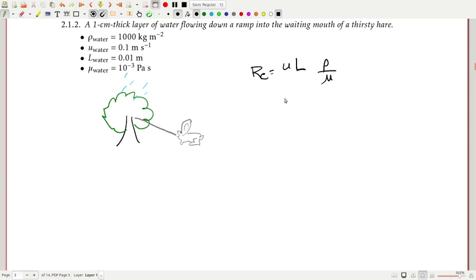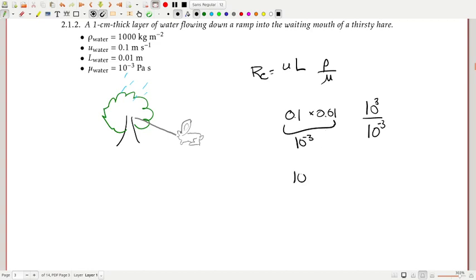So right here, velocity is 0.1 times length scale is 0.01, and so together this gives us 10 to the minus 3. Density is 10 to the 3, and then we have 10 to the minus 3 Pascal seconds down here for the dynamic viscosity.